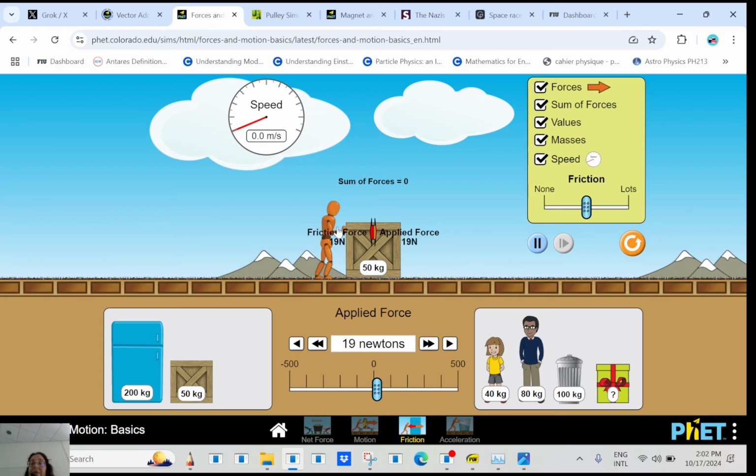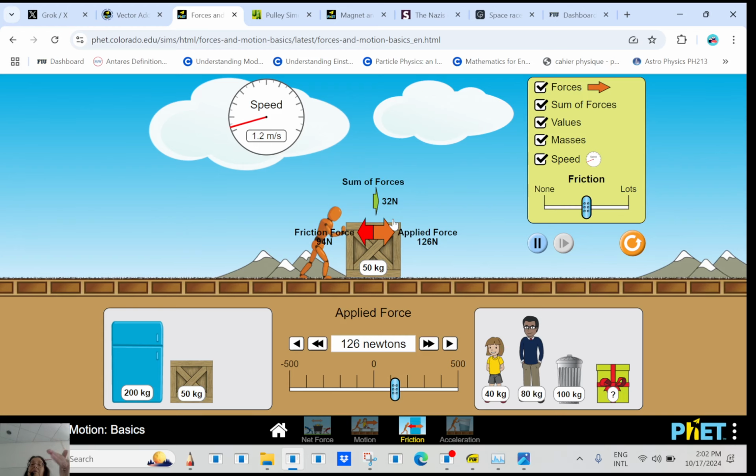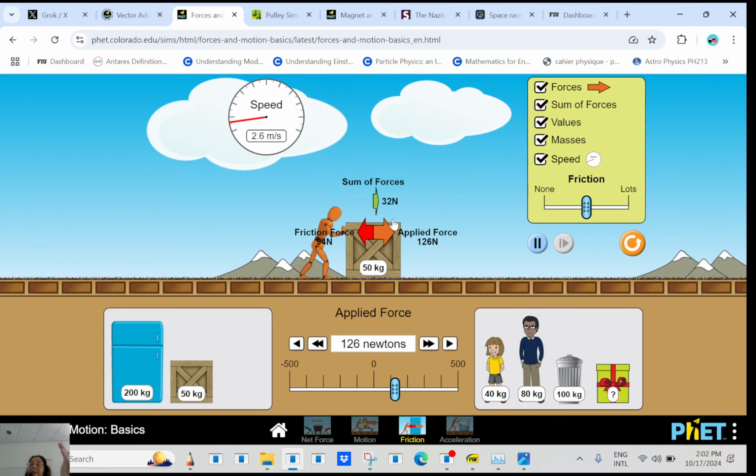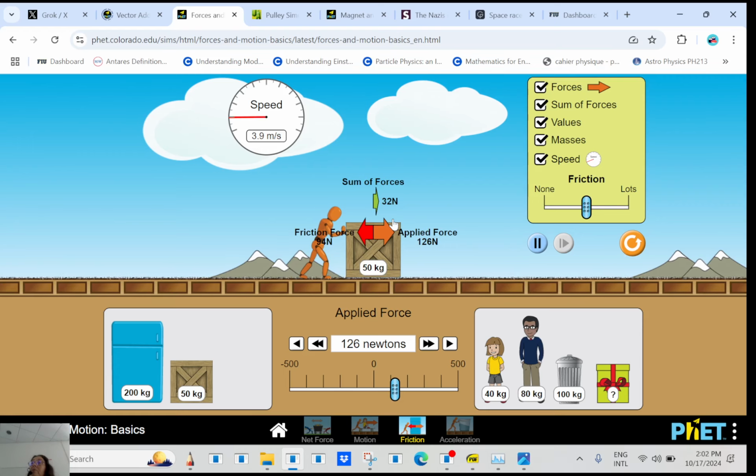But you see, static friction is like a reaction force. You push, it's going to push back. You push harder, it's going to push back harder until you reach a maximum. When you overcome that maximum, it's about 125 Newton, then it's going to start to move.